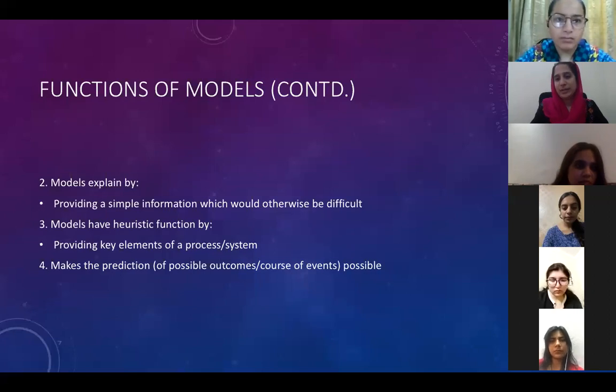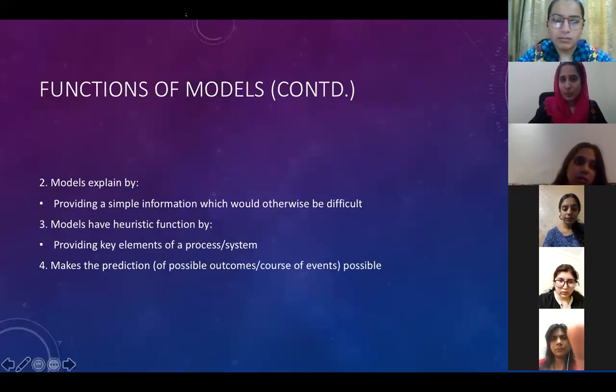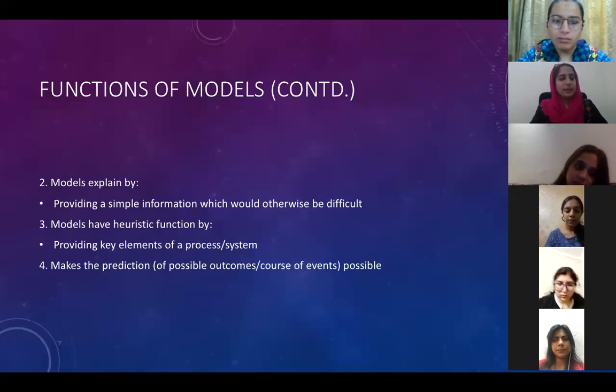Which situation is easier to understand? Is it situation A or situation B which is easier to understand?